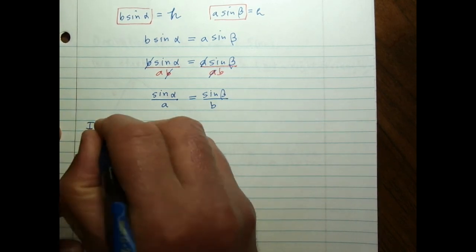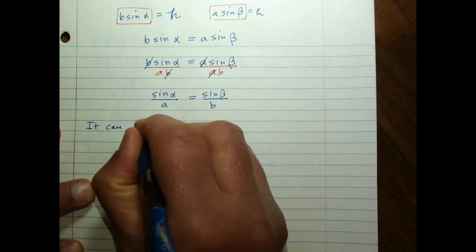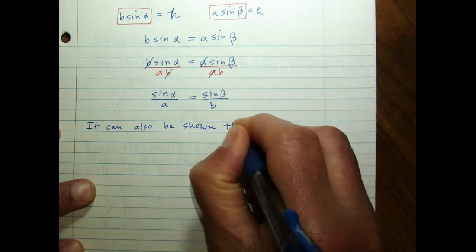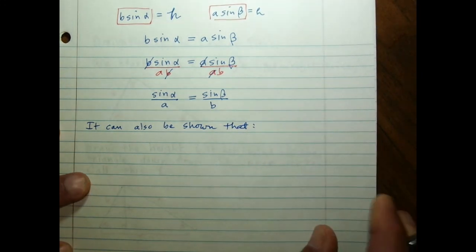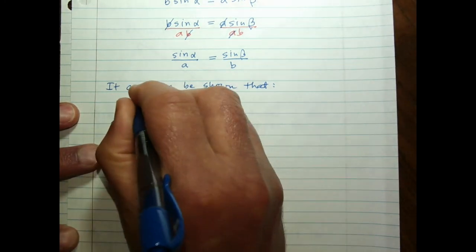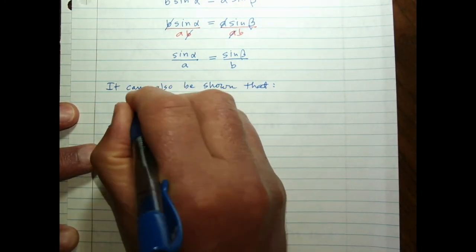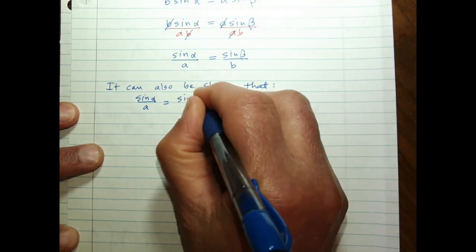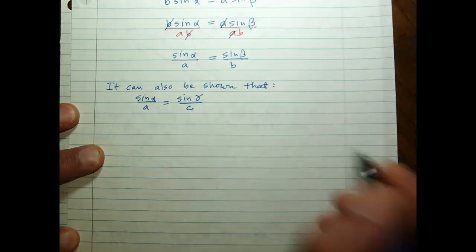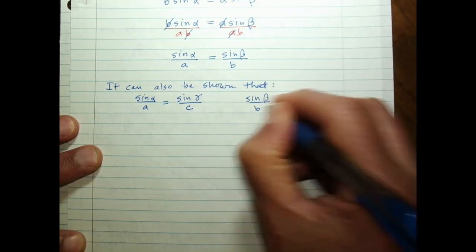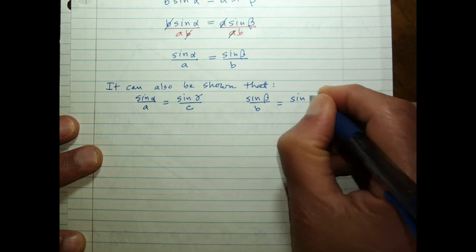It can also be shown that sine alpha over a is equal to sine gamma over c, and also sine beta over b equals sine gamma over c.